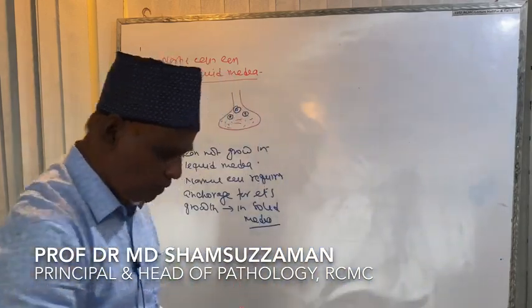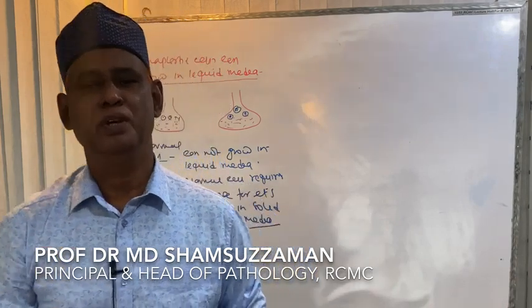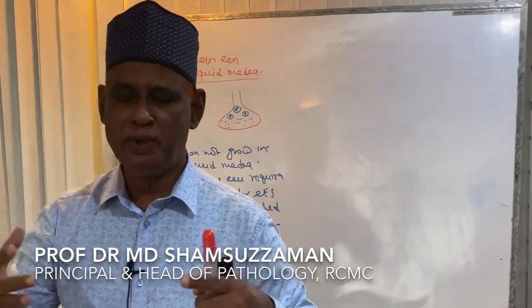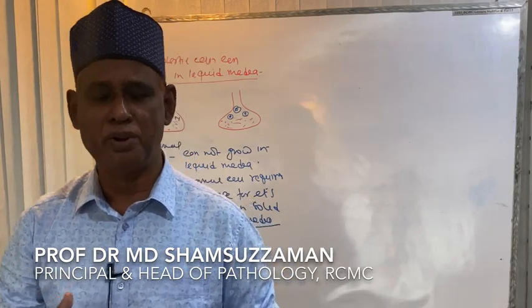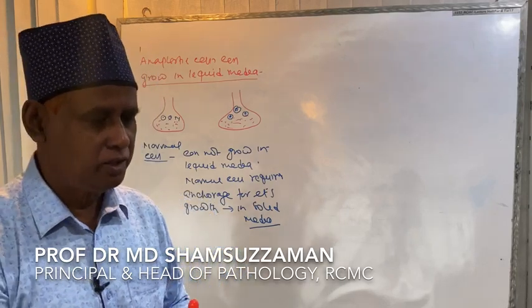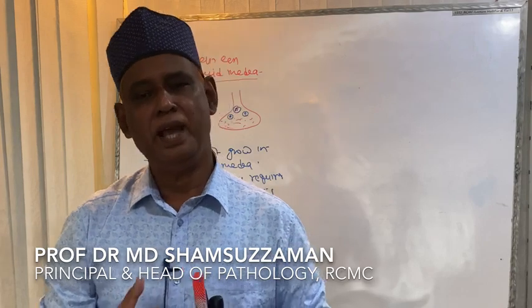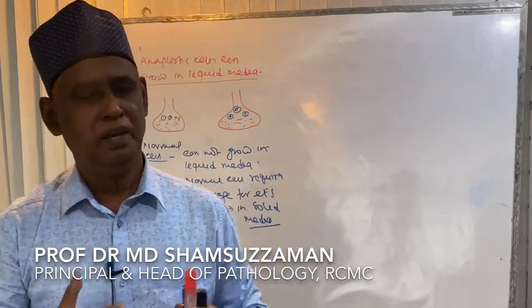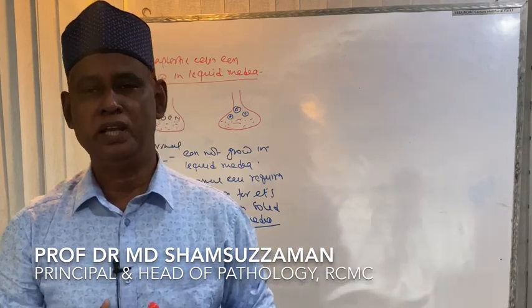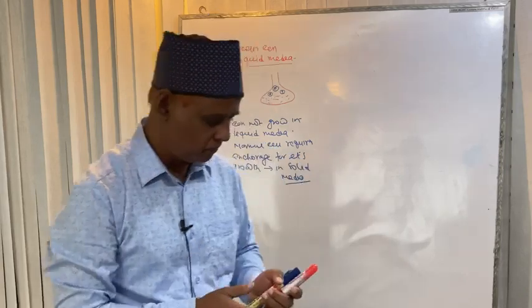Dear audience, we know accumulation of excess fluid in the peritoneal cavity is ascites, and there are so many causes of ascites. If ascites is due to intra-abdominal malignancy, in the ascitic fluid we can get exfoliated cells from the intra-abdominal malignancy, and we can get shed cells from the peritoneum.